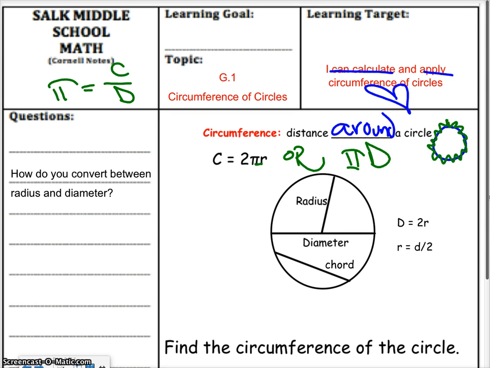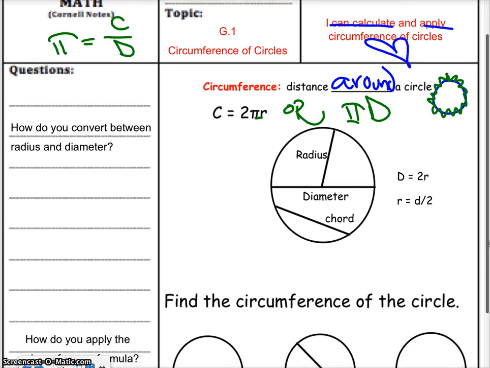Okay, parts of a circle. Radius is half a segment that goes through the center, assuming this is centered. Diameter is a full segment that goes all the way across a circle, but it must go through the center.